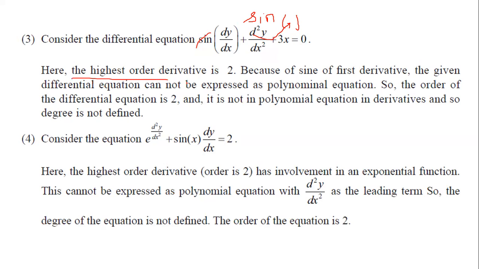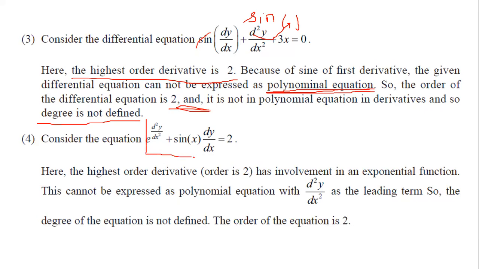Here also the highest order of the derivative is 2, because of the sine of the first derivative, the given differential equation cannot be expressed as a polynomial equation. This is very, very important. We are not able to express it as a polynomial equation. So the order of the differential equation is 2, but the degree is not defined here.